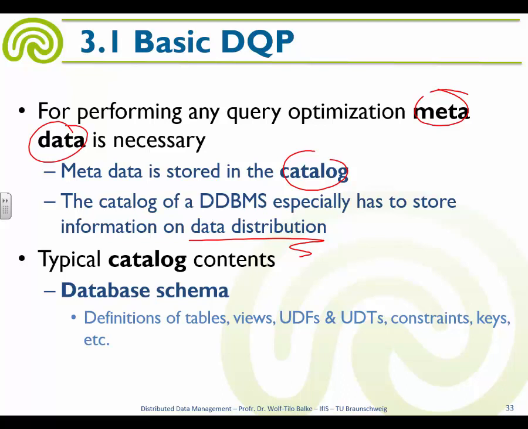And the catalog contained all the schemas, which data is located where, the possible access paths, which indexes are on which attributes of the data, and maybe some more information. For example, if you have special types, stored procedures, user-defined functions, what is the key? There's always a primary key, right? So can you read sequentially?